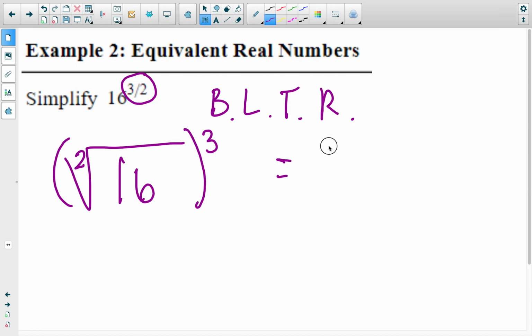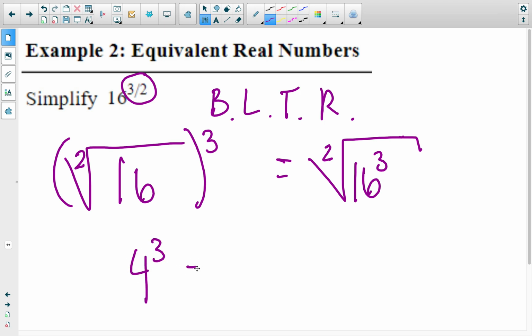This is also equal to taking the square root of 16 cubed. So you can either cube it before you take the square root or after, it doesn't matter. If you simplify this, the square root of 16 is 4, and then 4 to the third power gives us 64. Okay, so we will talk about that more when we get into rationals, but it's something I want to preview now since we're talking about real numbers.